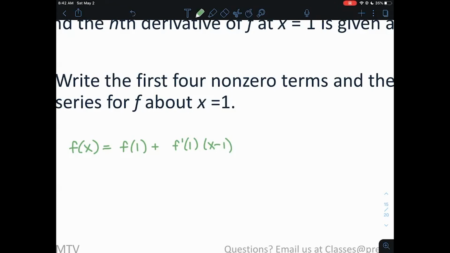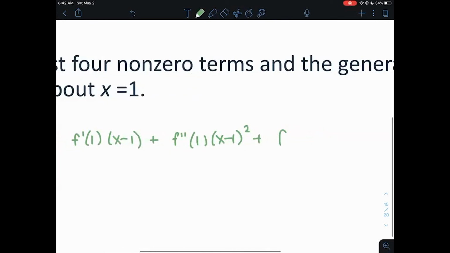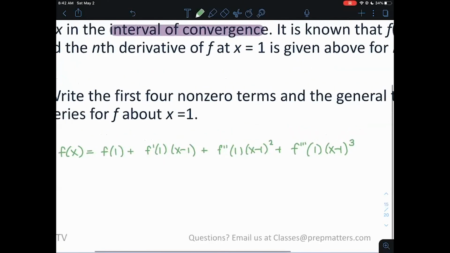Again, remember 1 is my a, plus f double prime of 1 times x minus 1 squared, plus f triple prime, or the third derivative, of 1 times x minus 1 cubed. And then I have my denominators. If you want to write denominators the whole way, you can. 0 factorial, 1 factorial, 2 factorial, 3 factorial.